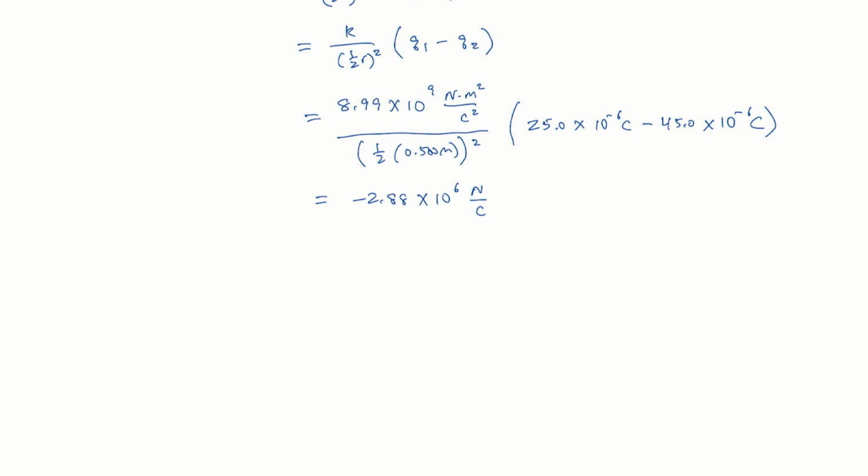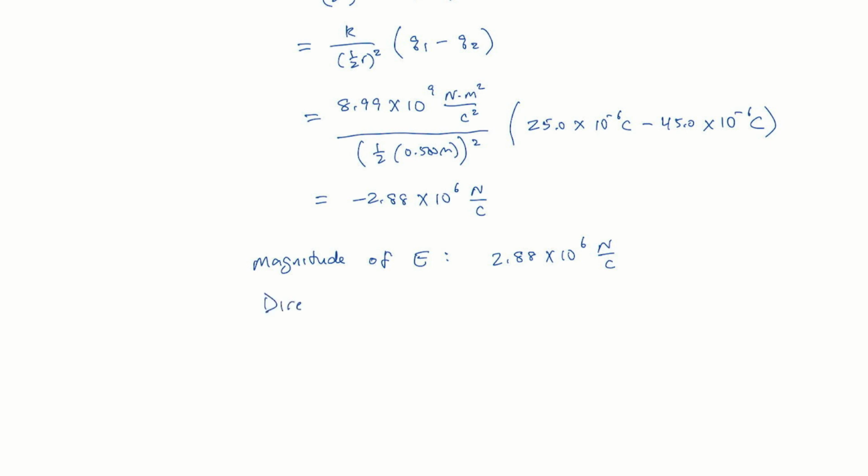So we can say the magnitude of E is 2.88 times 10 to the 6 newtons per coulomb. Note, by saying magnitude, I've stripped off the minus sign. Another way to say magnitude is to put the E in with absolute value signs around it.